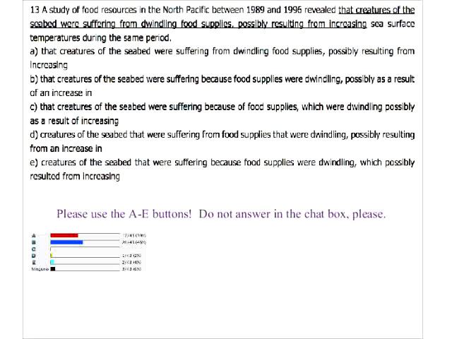So, okay, let's talk about the distinction at the front of the sentence here, which is this modifier thing that, it's actually not a modifier in this case, this is a clause, but let's talk about this clause starting with that. That creatures of the seabed were suffering versus creatures that were suffering.